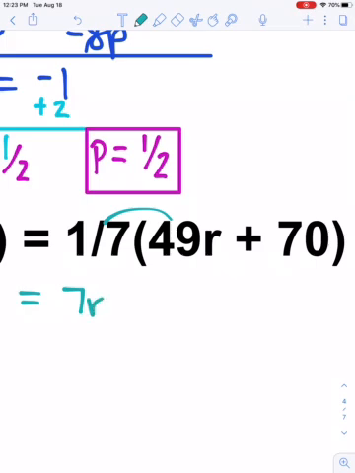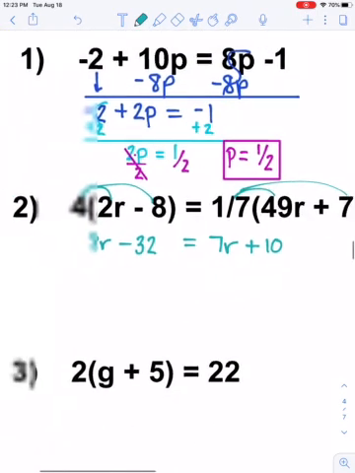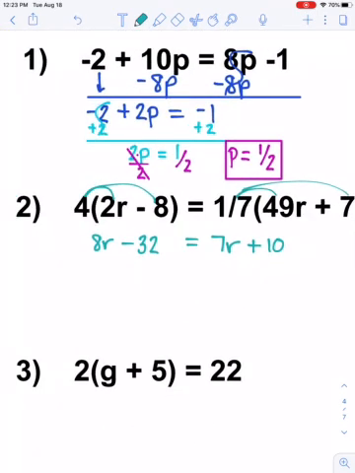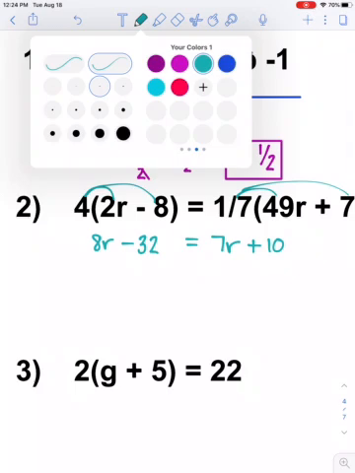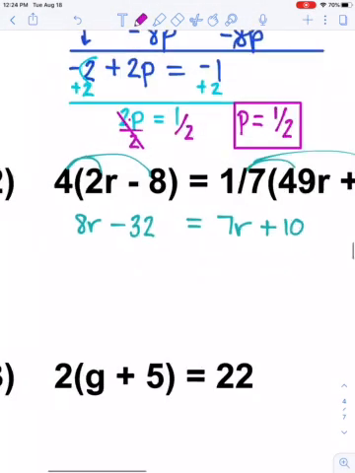1/7 times 49r is 7r, and drop the addition sign down, and 1/7 times 70 is just 10. It's the same thing as dividing by 7, so it's not that difficult. Not as scary as it looks. Okay, from here, you're going to put the r's on the same side.